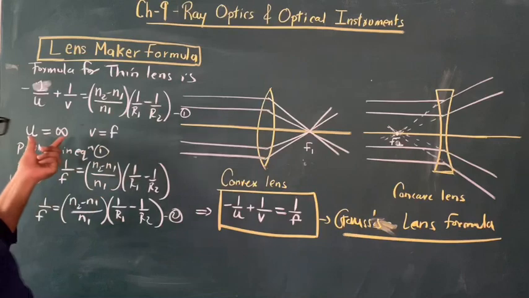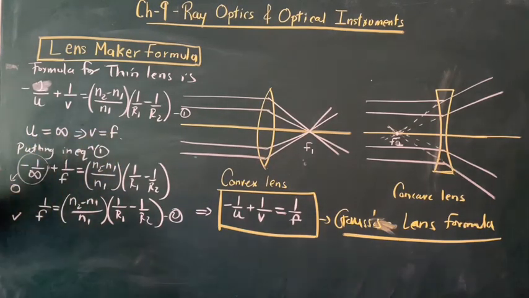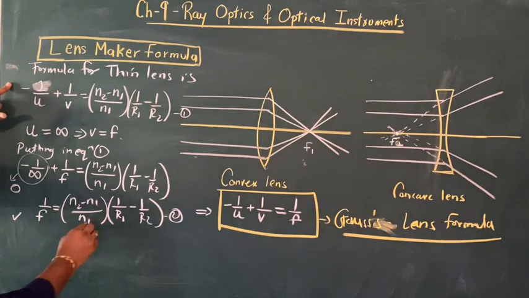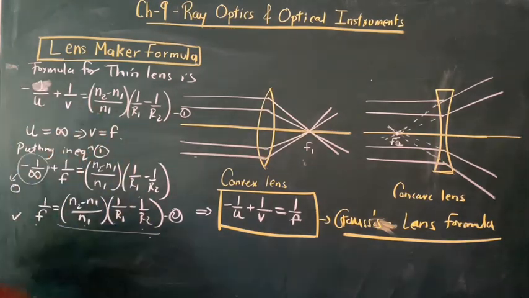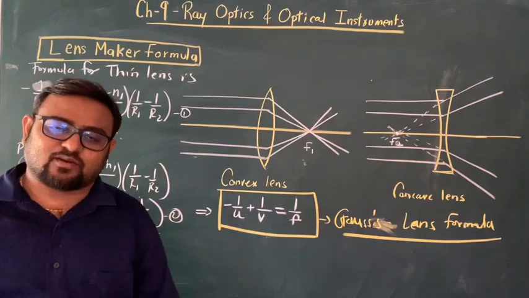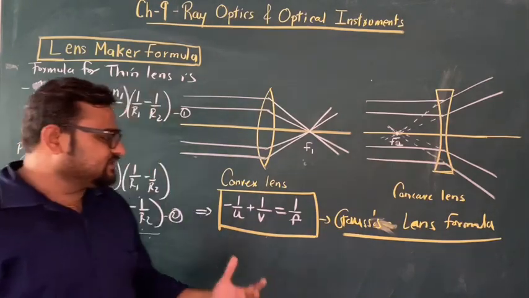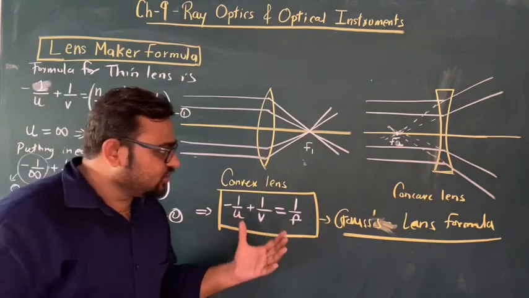So taking u equal to infinity, we get v equal to f. Putting this in the equation, I get n2 minus n1 upon n1, 1 by r1 minus 1 by r2 equal to 1 by f. So replacing this in equation 1, I get the lens formula, that is minus 1 by u plus 1 by v is equal to 1 by f. So just note down this topic.